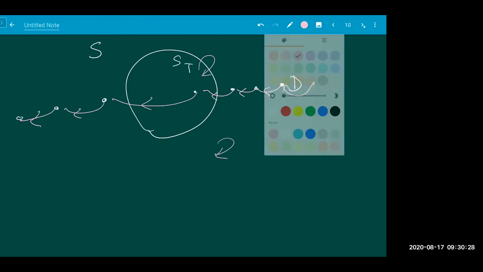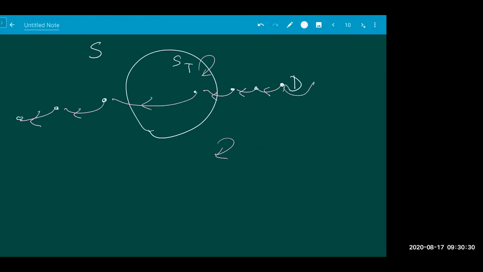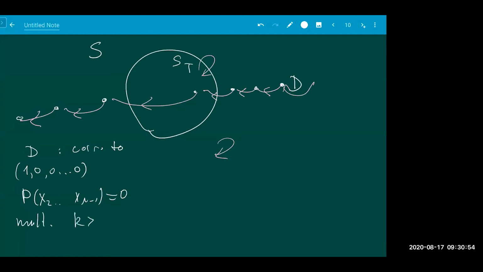And I'll just write the formula for this transformation. If my primitive vector D corresponds to the primitive vector (1, 0), some irreducible polynomial in n minus 1 variables, and some multiplicity coefficient k greater than 1.